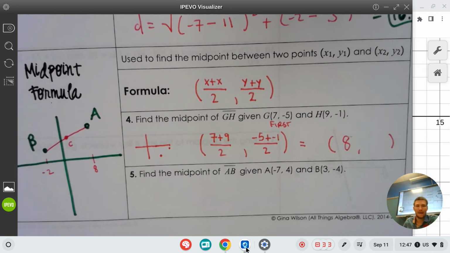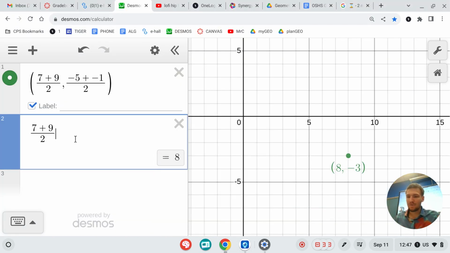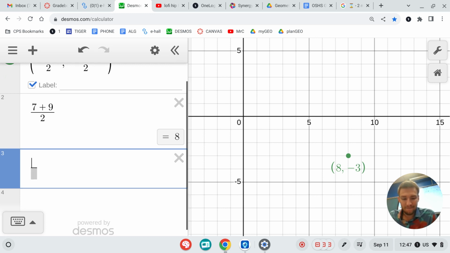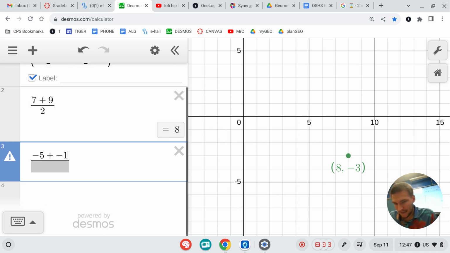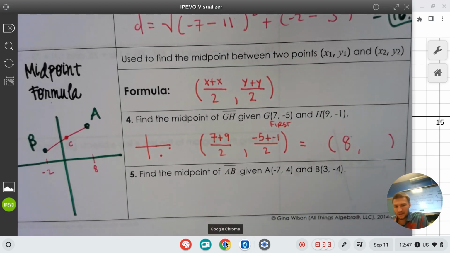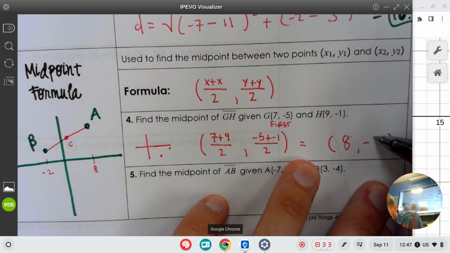And then same with my y. If you don't want to have to go looking for it, you can just type in the y portion individually, fraction negative 5 plus negative 1 divided by 2, and it will tell you negative 3. And then you can just go right back to your point here and type negative 3.